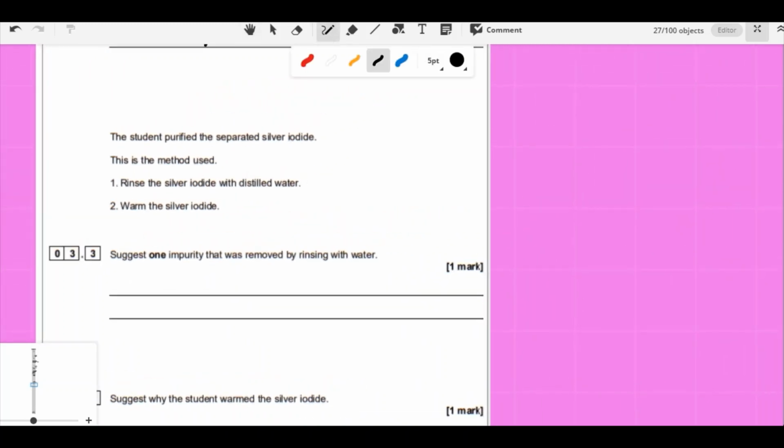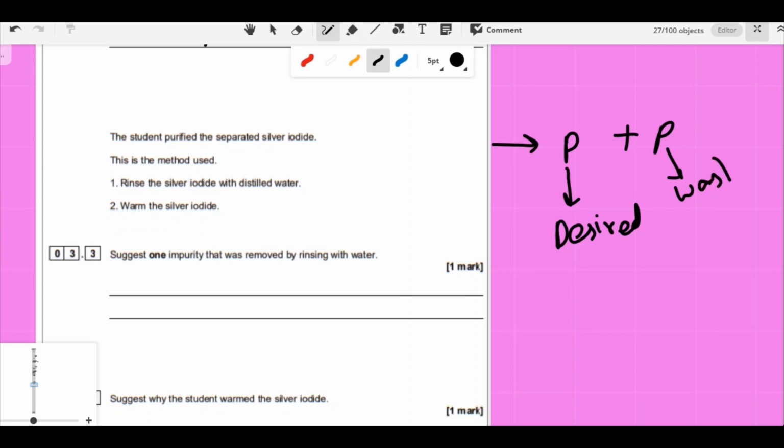As we know, for example, in a double displacement reaction, two products are produced, and if one product is our desired product, then the other product will be our waste product. So here the waste product is the impurity that is present in the reaction, so you have to remove that.